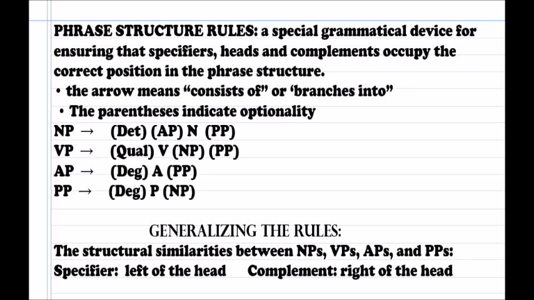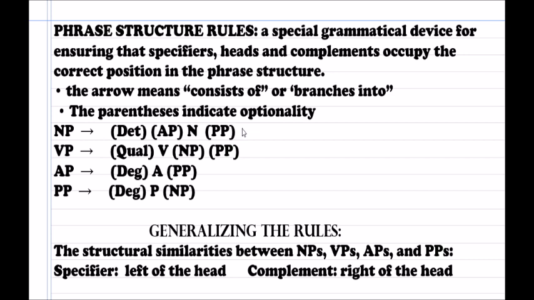The arrow means consists of or branches into. Now, in these phrase structure rules, the parentheses indicate optionality. For example, in a noun phrase, there is a determiner, adjective phrase, noun, and prepositional phrase.